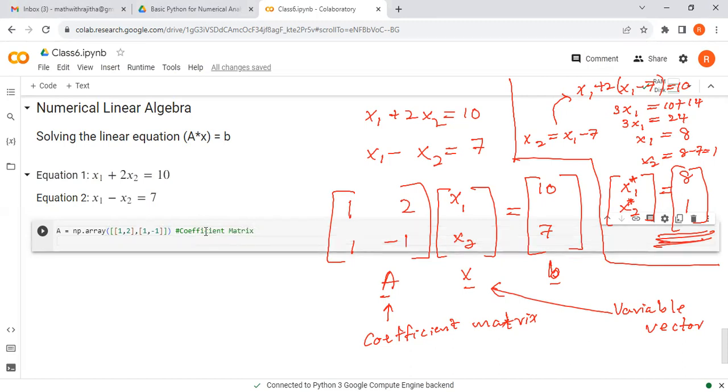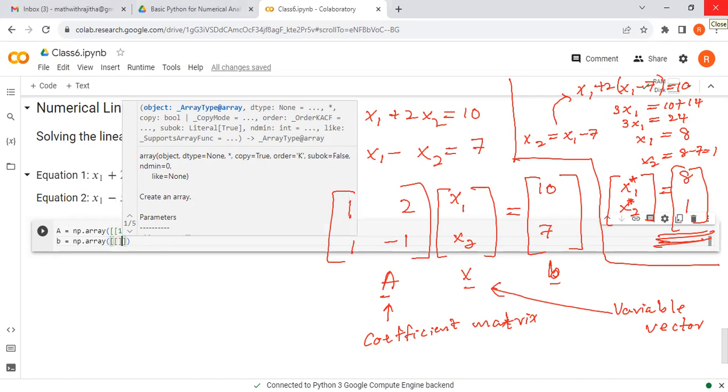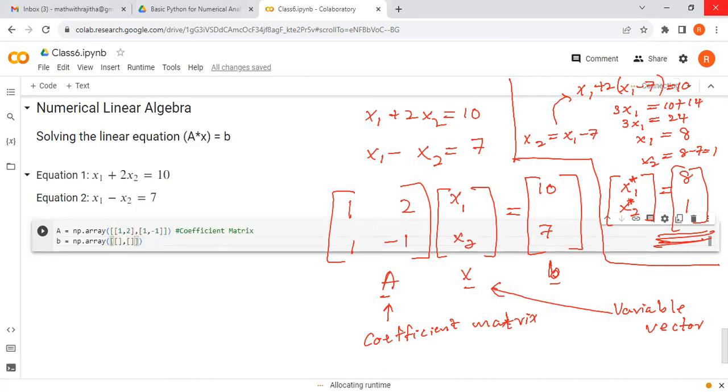The B vector is also defined as an array. Note that the B vector is a column vector, so we have to define it as a column vector: 10 and 7.